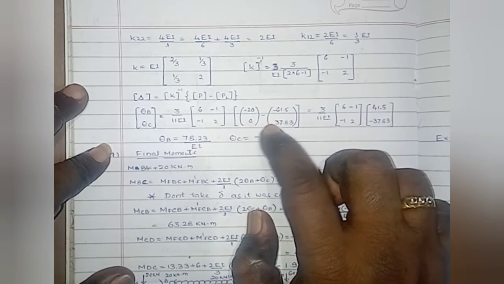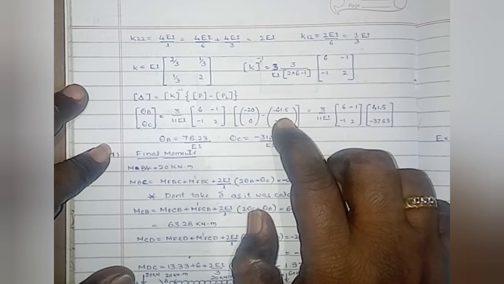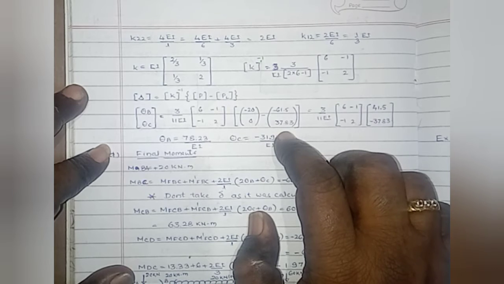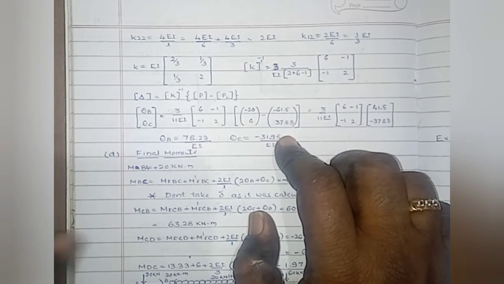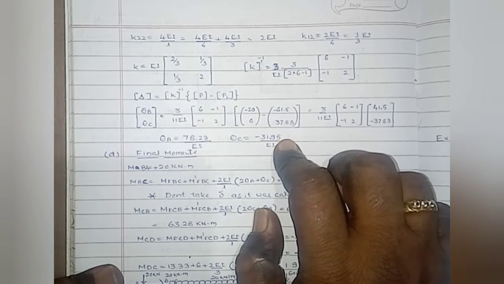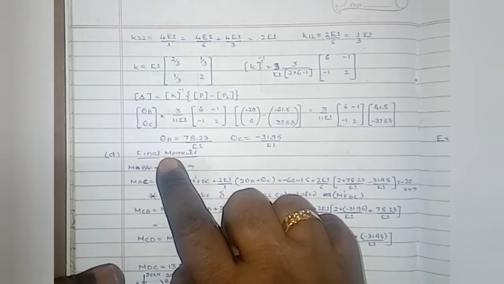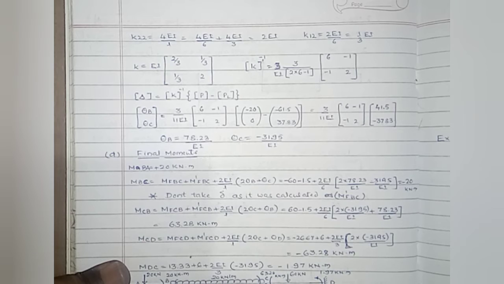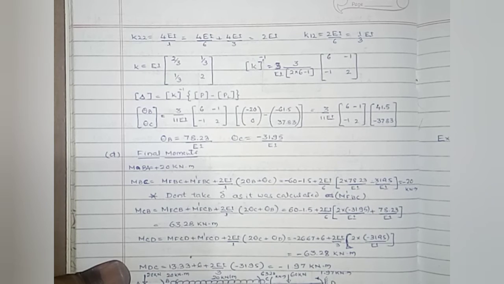Then at coordinate 1 the net moment is minus 61.5, and at coordinate 2, that is at C, 37.83. After simplification we will get the value of theta B as 78.23 by EI. Similarly, theta C equals minus 31.95 by EI.